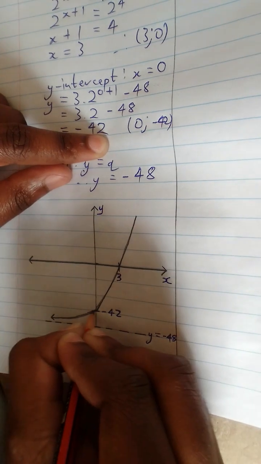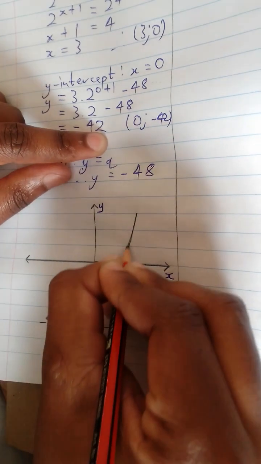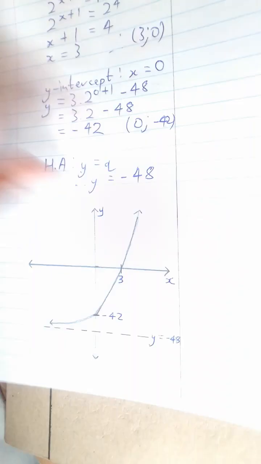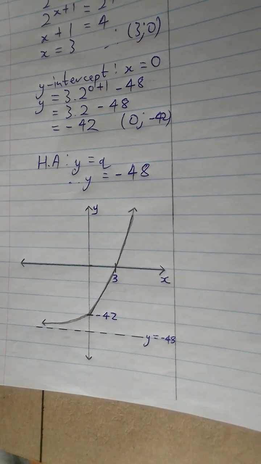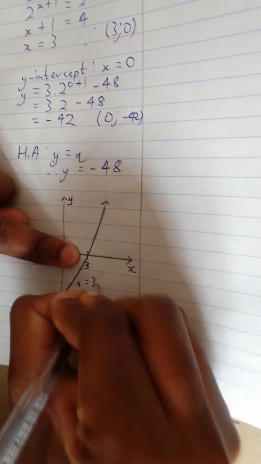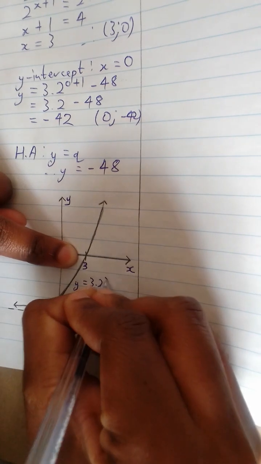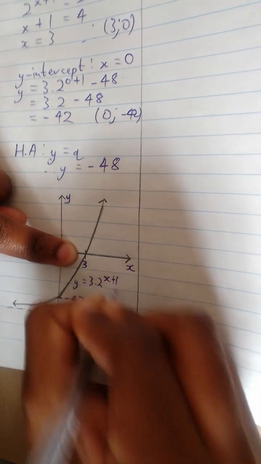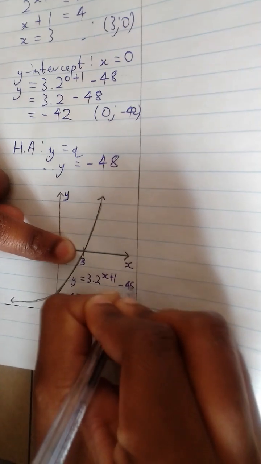Remember, it doesn't touch your asymptote. Okay, this is the graph of y equals 3 times 2 to the power of x plus 1, minus 48.